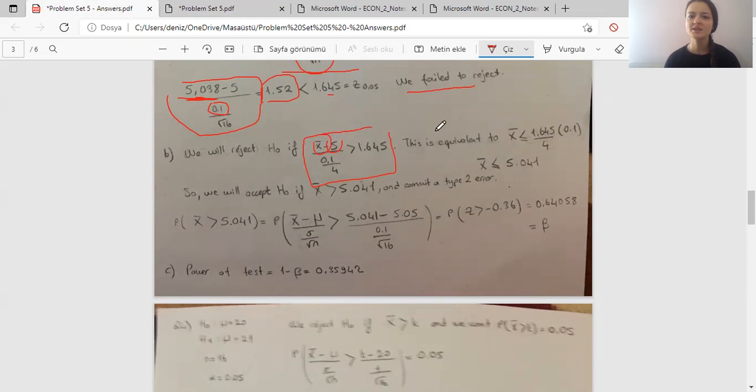And we can say that we will reject H0 when x bar is greater than 5.041, okay? So here we will accept H0 if x bar is smaller than 5.041, okay? We are just going to use this, turning it into this.